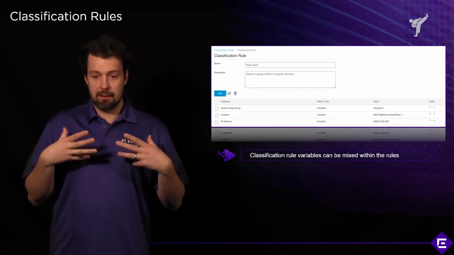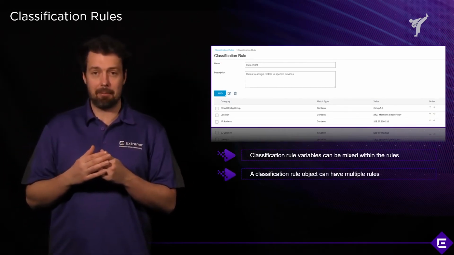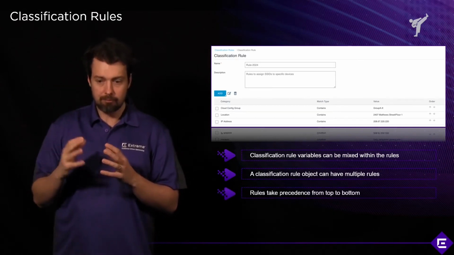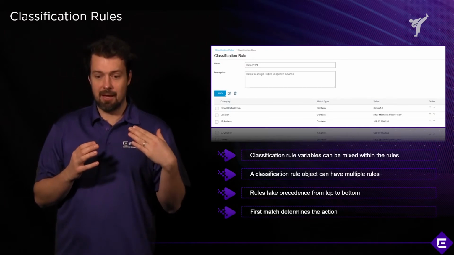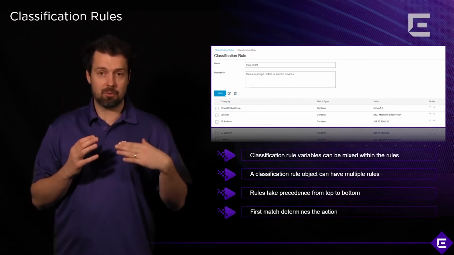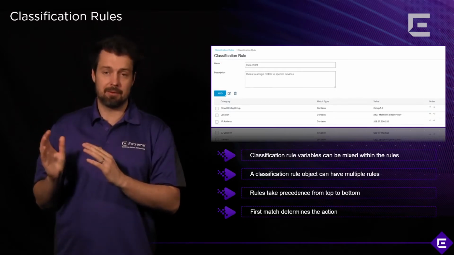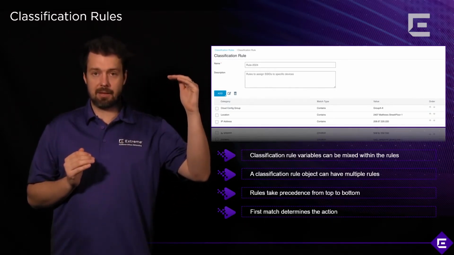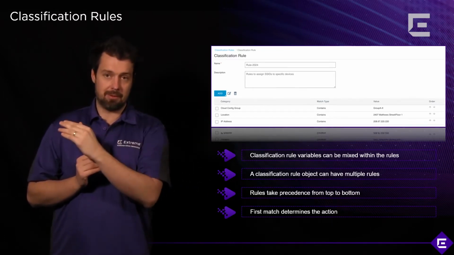And a classification rule can actually have multiple rules, and the way they're matched is top to bottom. And obviously the first match will take preference over the next ones, and only one match is implemented. So the lookup takes place from top to bottom, and the first rule that's matched is implemented.